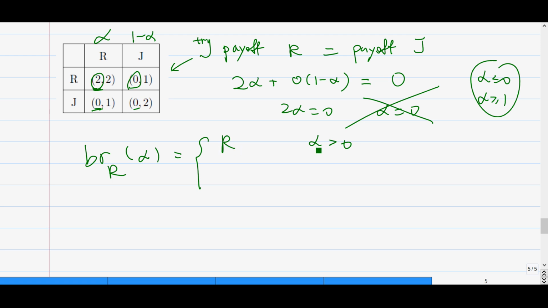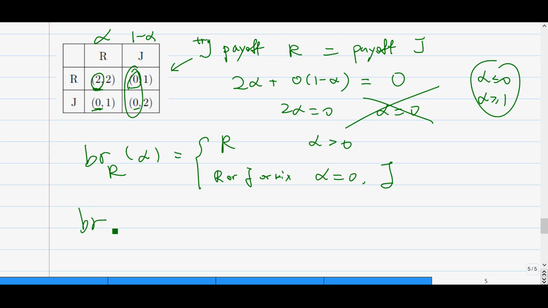Again, if there's any positive probability for Juliet to go to Robots library, then I get a positive number here by choosing R, and strictly 0 by choosing J. So R is the unique best response. They are indifferent, or I can mix between them, only if alpha is 0, which means Juliet always plays J. So if Juliet plays J, then I don't care because I get 0 anyways.